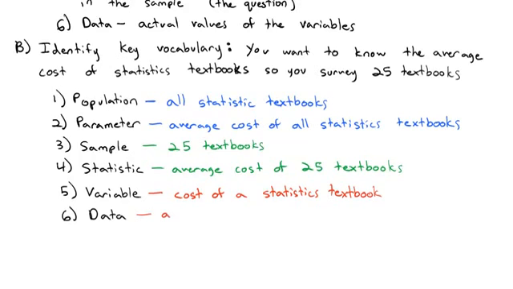So it's the actual cost of the textbooks. An example might be you find an expensive one for $235. That is a piece of data to the variable, an answer to the question.